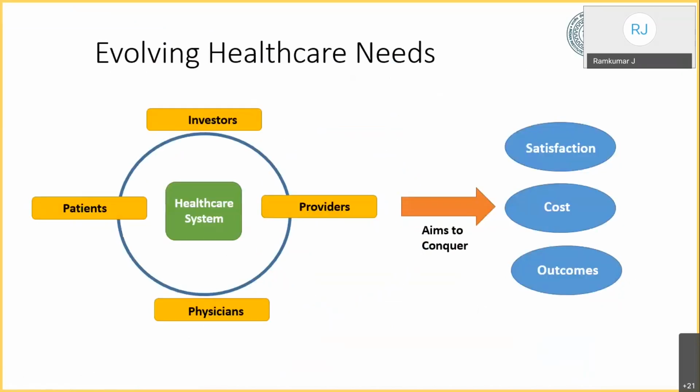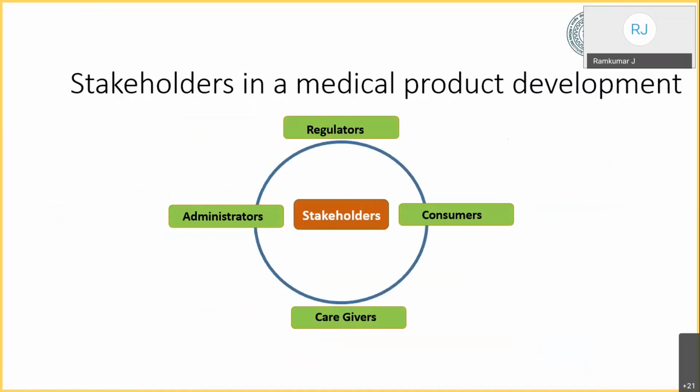The stakeholders in the medical industry are going to be regulatory bodies, caregivers, administrators, and consumers. Let us look at the role of an administrator. For example, in SGPGI, let us assume the doctors decide to buy, the dean or the director comes and says, okay, I have 1 crore money left before March 30th, please spend this money. And there are 20 departments.